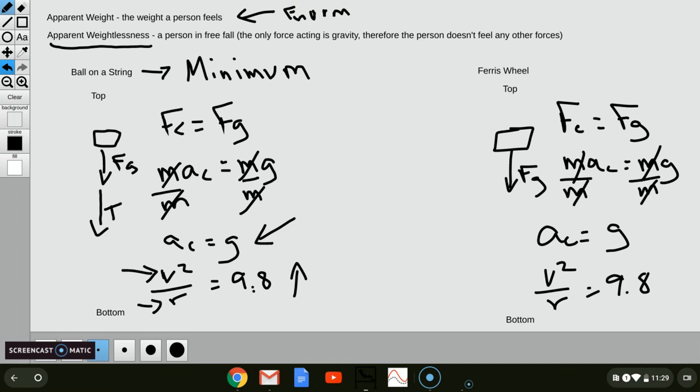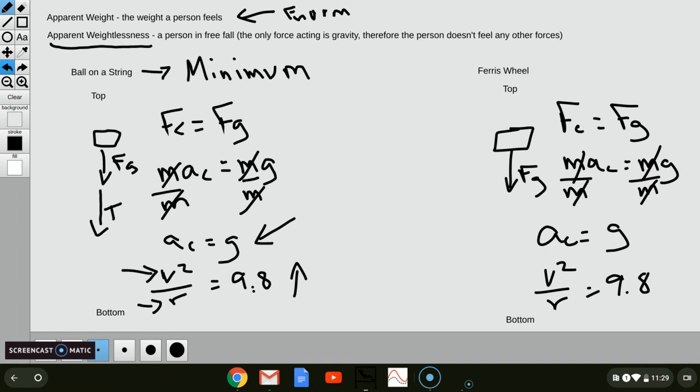What happens if we go slower? Well, if we go slower, there's no big deal, right? The person in there has less inertia and will actually press against the seat a little bit, and the normal force comes back. So if we go slower, no big deal.